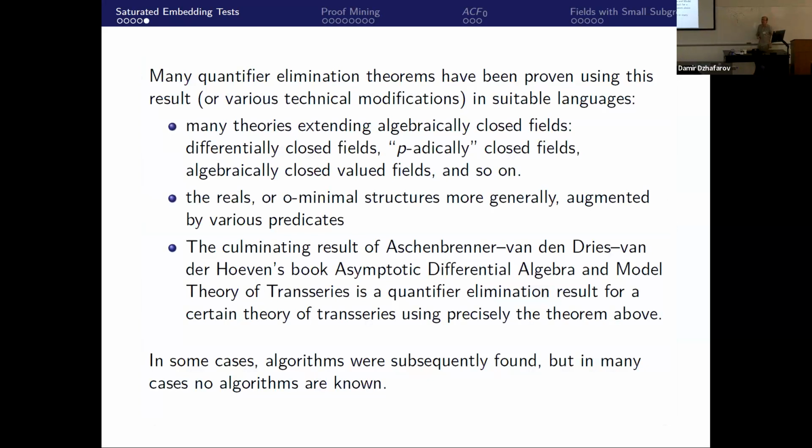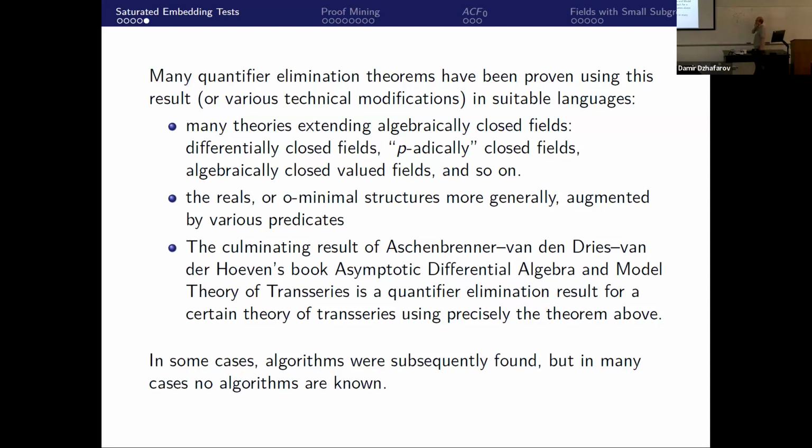All right. These get used a lot. There are many results in the literature that use this method to prove quantifier elimination. They're used mostly for the sorts of theories that model theorists tend to be interested in, which means lots of extensions of algebraically closed fields, used for differentially closed fields, for algebraically closed valued fields, for differentially closed valued fields, et cetera.